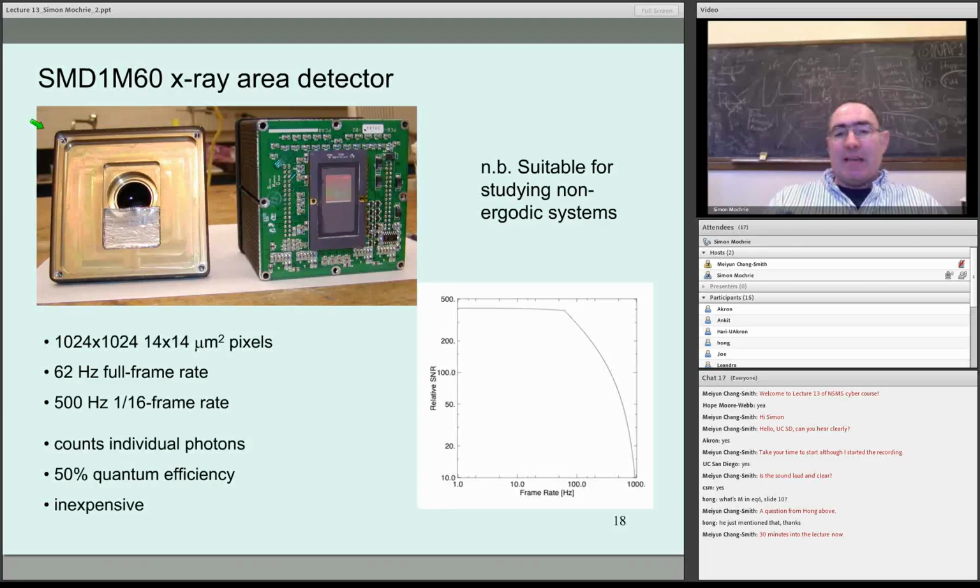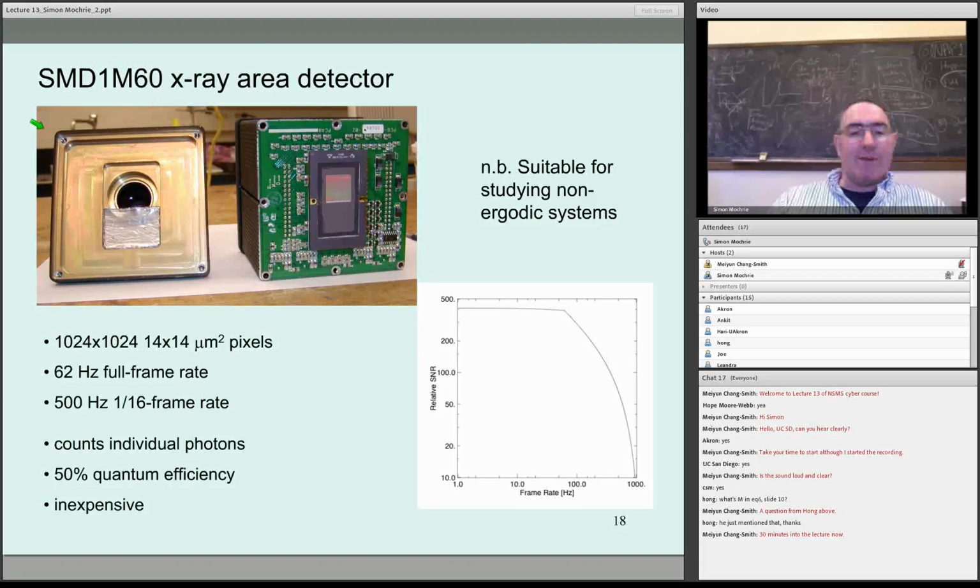And at the same time, in XPCS experiments, you typically like to at least, if not completely, then partially resolve speckles to avoid systematic errors associated with, well, is there or is there not a speckle contrast.